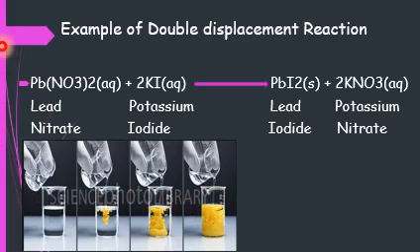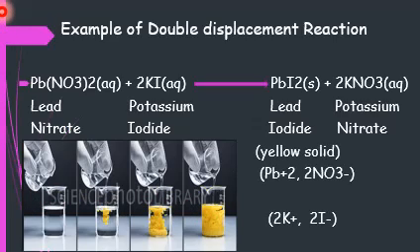How does the actual reaction take place? This is lead nitrate, which is made out of two ions, Pb 2+ and NO3-. The second one is KI, potassium iodide, made out of two ions, K+ and I-.